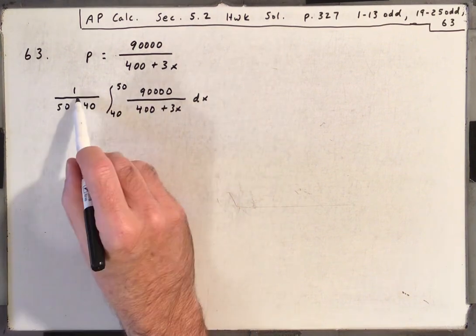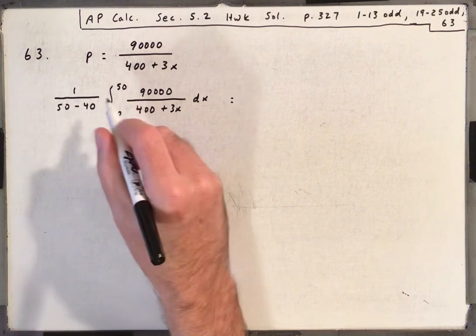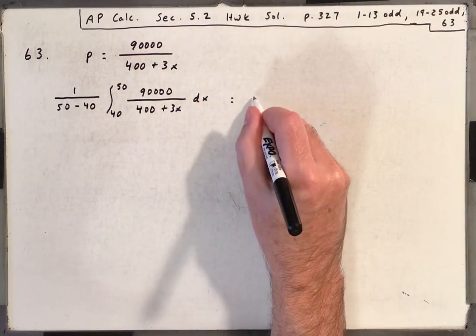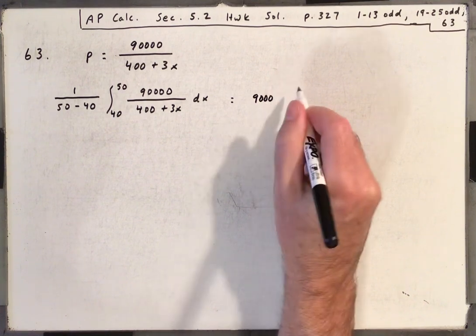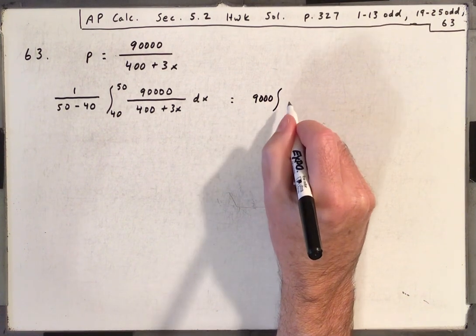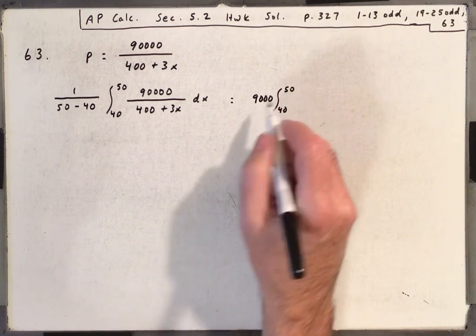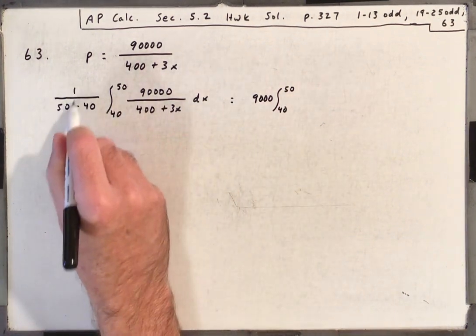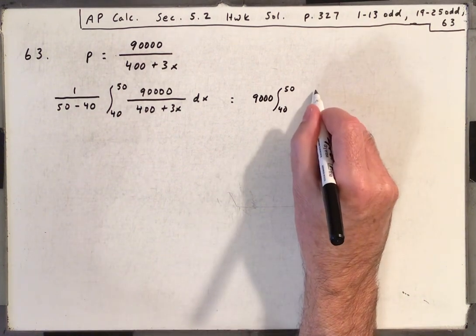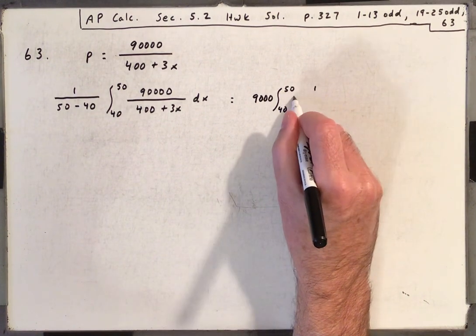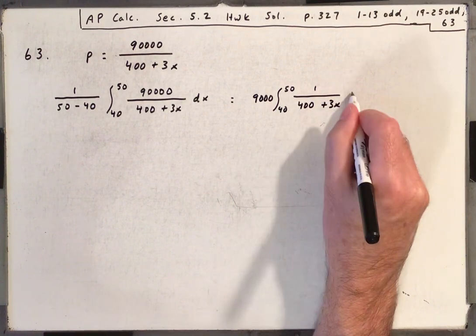I can bring that 90,000 out front. So if I bring it out front times 1/10, it's going to be 9,000. And we're going to integrate from 40 to 50 of just 1 over 400 plus 3x dx.